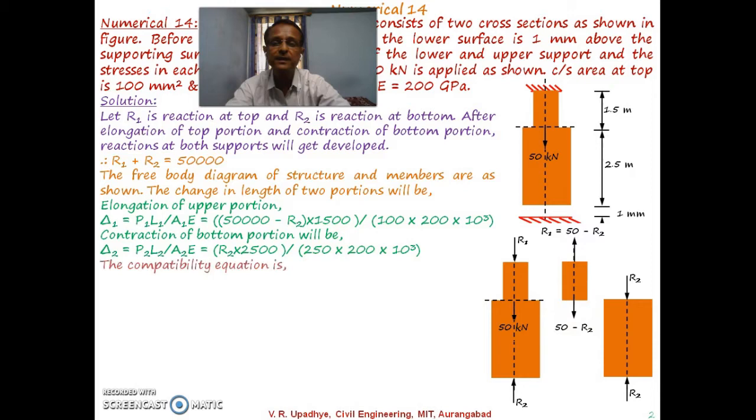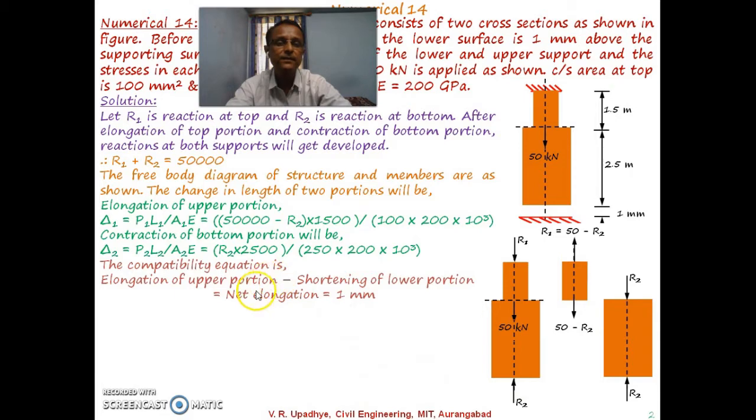So what statement can we write further with the compatibility condition: elongation of the upper portion minus shortening of the lower portion is equal to the net elongation. The net elongation taking place is 1 millimeter because this elongation is permitted.